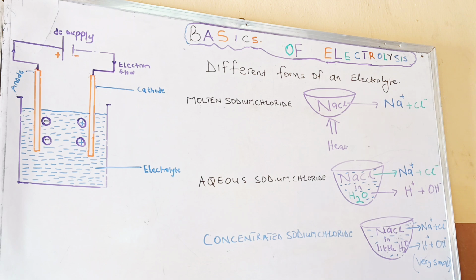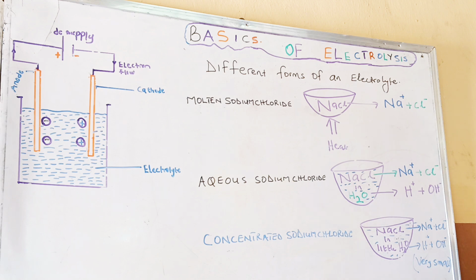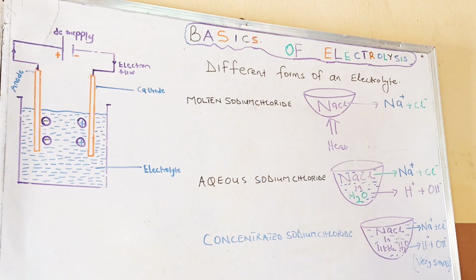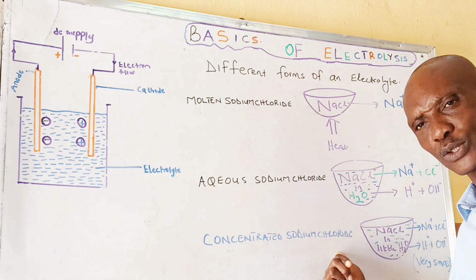If the quantity of water is much, we call that aqueous, as we said earlier on. However, it's possible for us to use just a little quantity of water. In that case, we will call it the concentrated form of the sodium chloride.